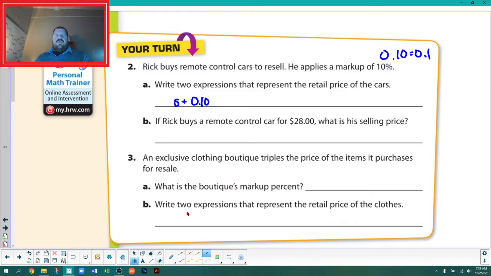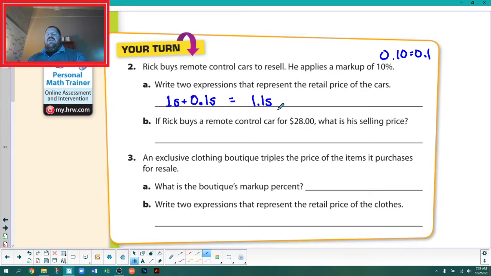It's a little bit nicer. So I'm going to say S plus 0.1s. And when I combine that 1s and the 0.1s, I get 1.1 times the cost that I bought it for.